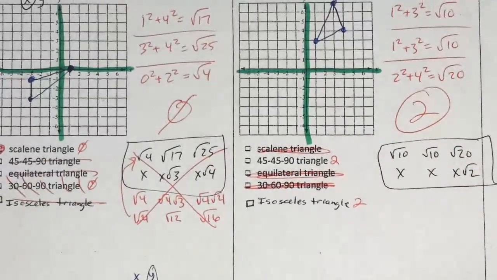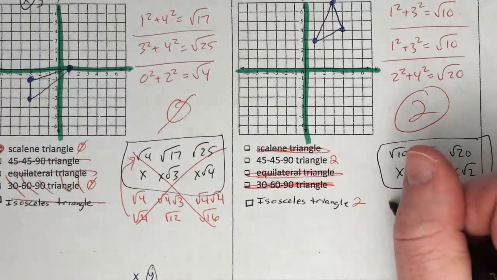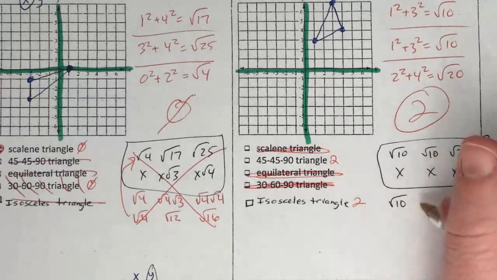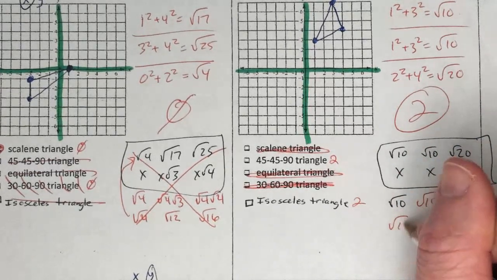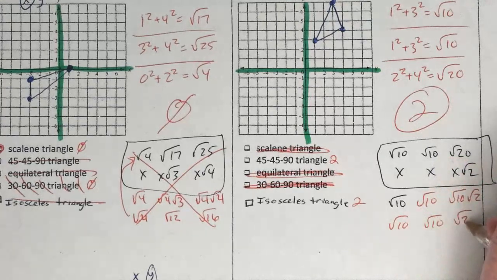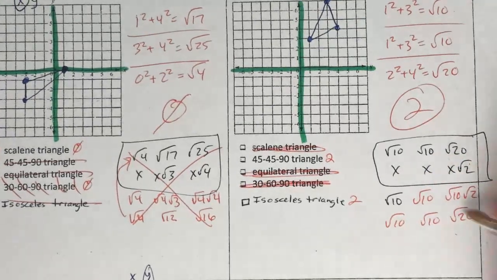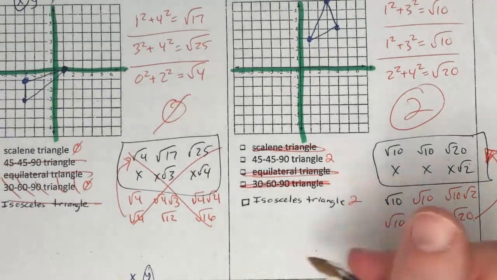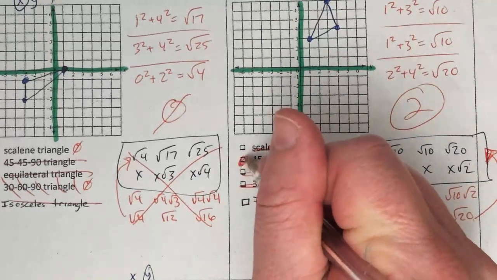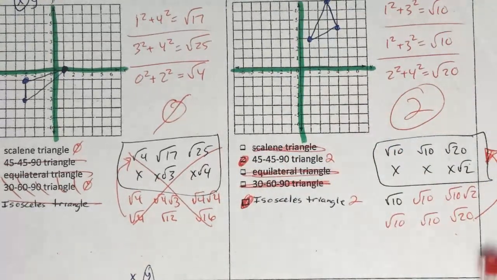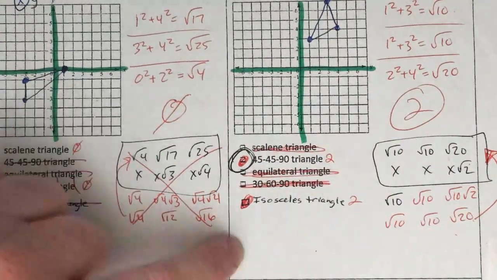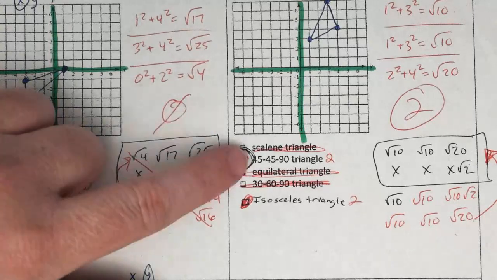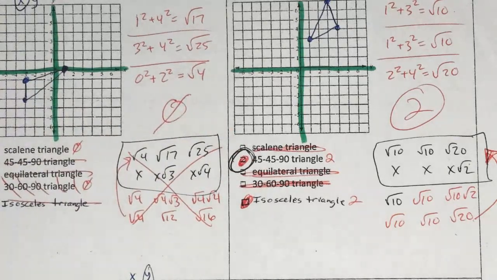That's that list. All right, let's see. That would be radical 10, and then the other ones would be also radical 10 and radical 10 times 2. So that's 10, 10, and 20. Is that the same thing as this? Yes. So it's actually both of these answers. And if we could only choose one, that would be the better answer. But technically, both are correct. But this is the best answer. Perfect. All right, let's keep going.